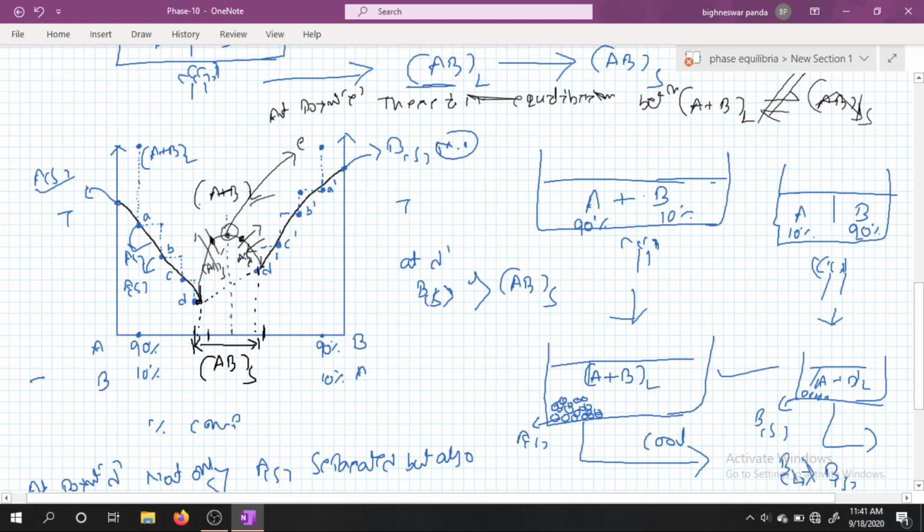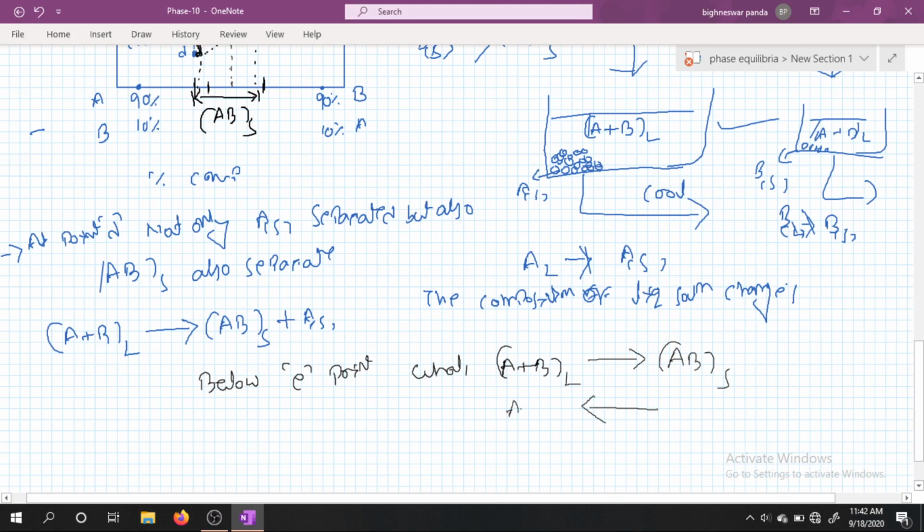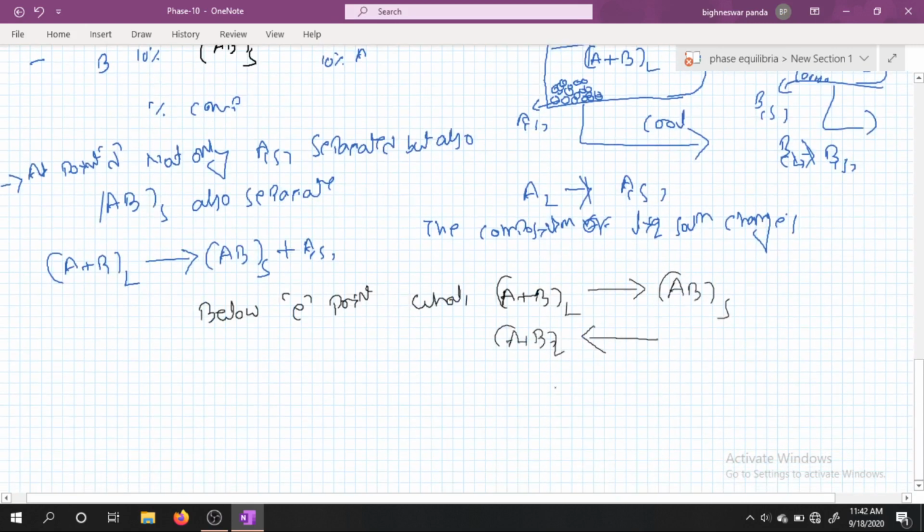That means below this temperature whole A plus B liquid is converted into AB solid, and above this temperature whole AB solid is converted into A plus B liquid, i.e. there is no equilibrium present between A plus B liquid and AB solid.